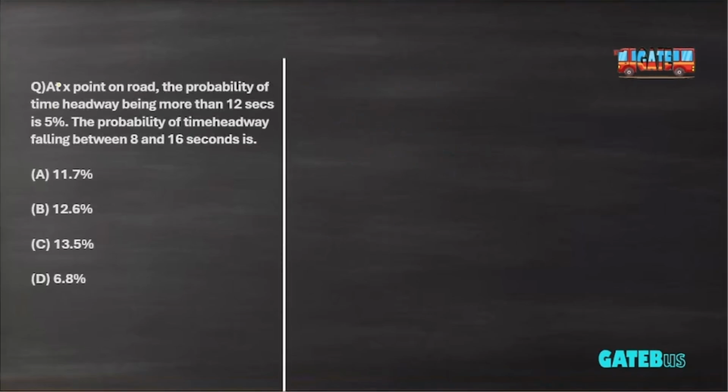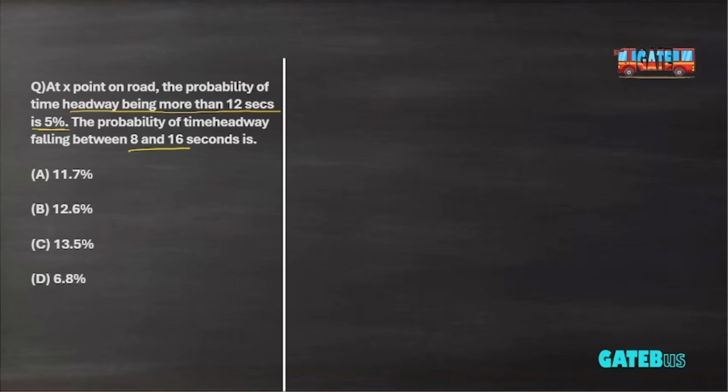Next question. At a point on a road, the probability of time headway being more than 12 seconds is 5%. The probability of time headway falling between 8 and 16 seconds is?